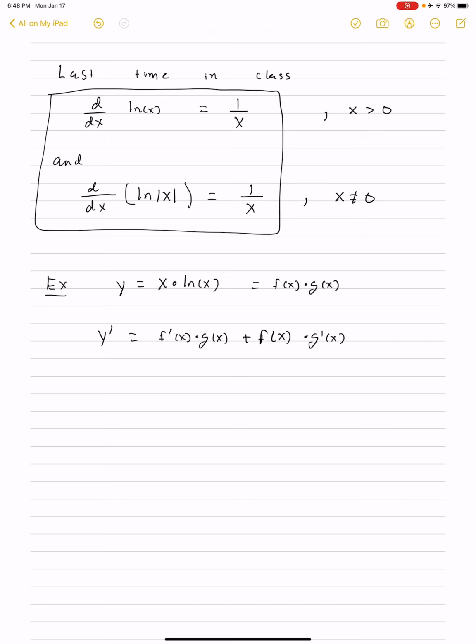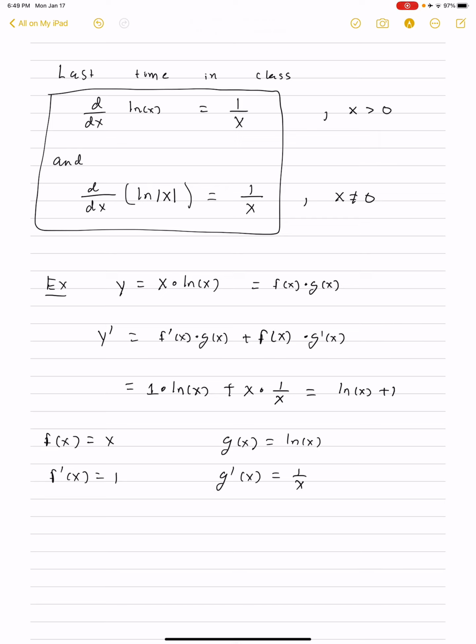So we better write down f of x and g of x. f of x is going to be x, so f prime of x is 1. g of x is ln of x, so g prime of x is going to be 1 over x. And so now we get 1 times ln of x plus x times 1 over x. So that'll be ln of x plus 1, and that's the derivative.